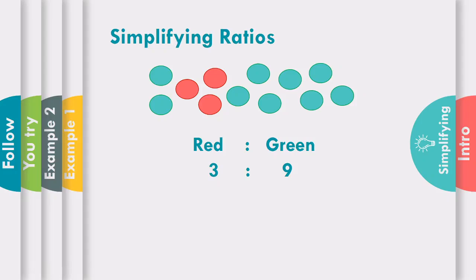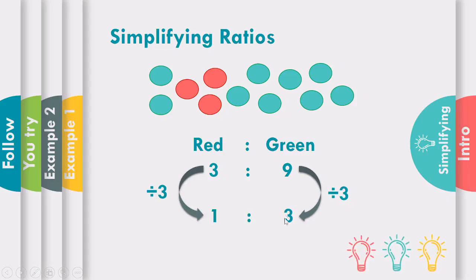Some of these examples are going to be quite clear what we need to divide each side by. I know that for this one, I can divide each side by 3, because 3 divided by 3 is going to give me 1, and 9 divided by 3 is going to give me 3. And guys, if we divide each side by 3, it gives us our ratio in simplest form. For every 1 red counter, there are 3 green counters.